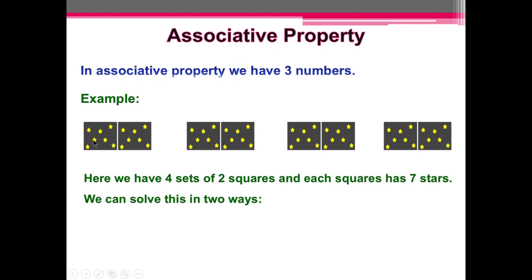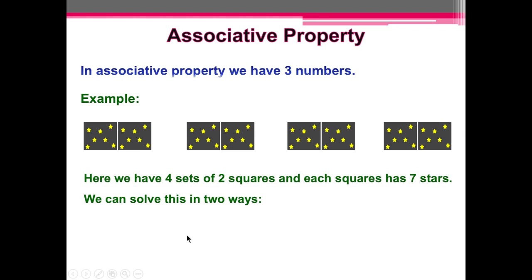How many squares we have? 1, 2. We have 2 squares in one set. So, let's count number of stars. 1, 2, 3, 4, 5, 6, 7. We have 7 stars in one square. Now, we did this last time also in two ways.